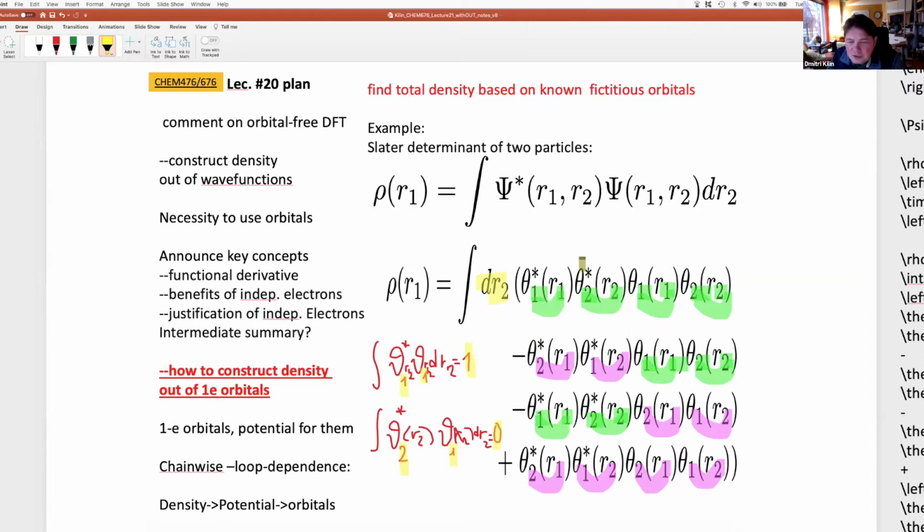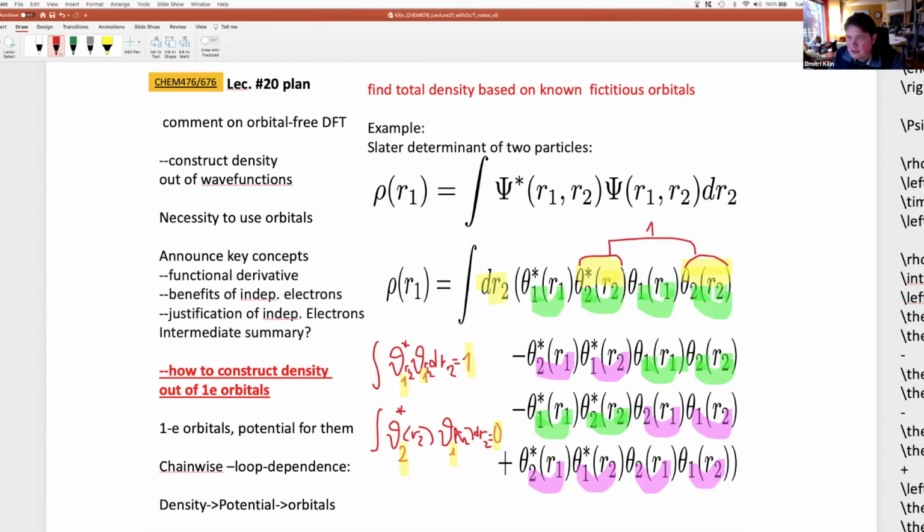So we have R2 here and there. These two yellow things depend on R2 and integrate over orbital number 2. If you perform integration only in the first line, the integration of this and that together will give 1, right?